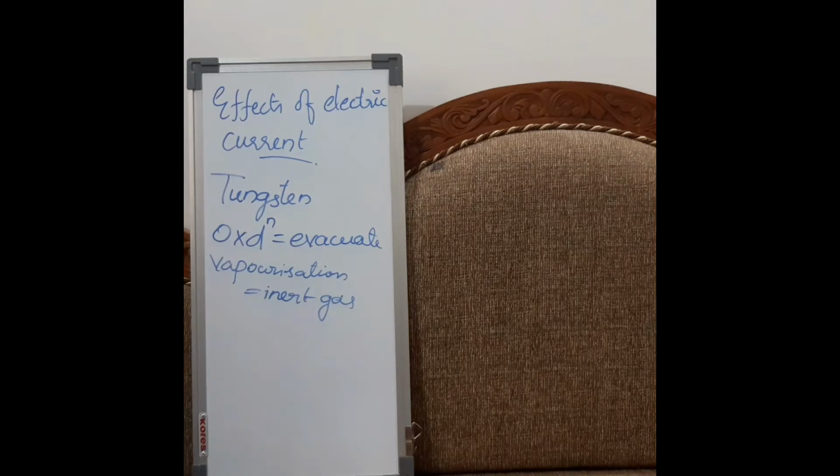In filament lamps, a major part of the electrical energy supplied is lost as heat. So that is the major disadvantage of the filament lamp. Instead of filament lamps, we have discharge lamps.